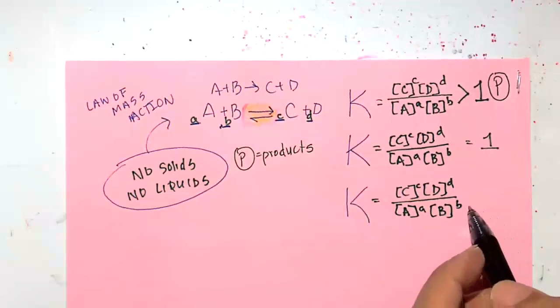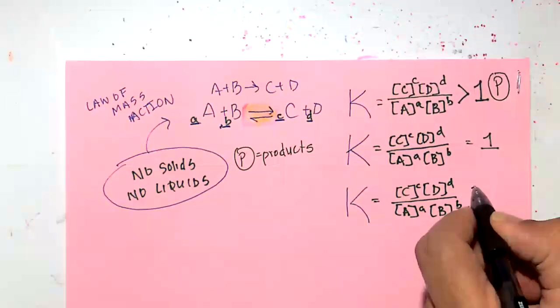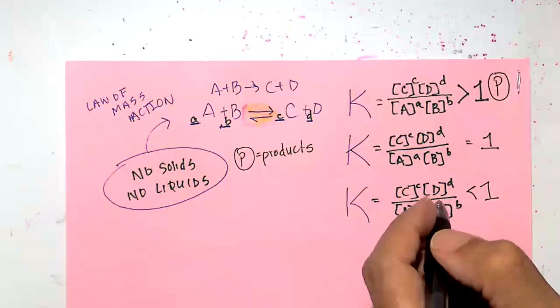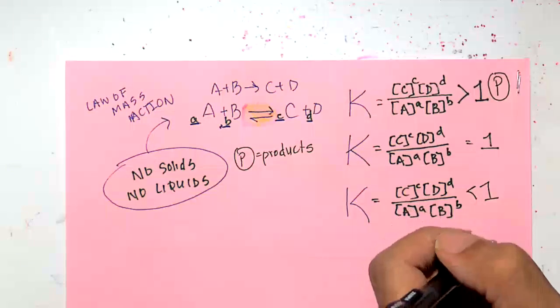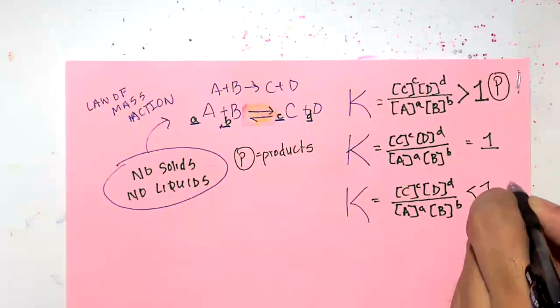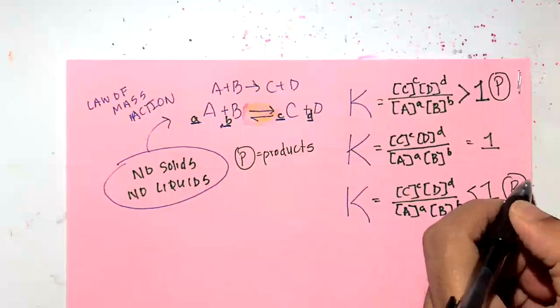If the equilibrium constant is less than 1, meaning 1 is greater than the equilibrium constant, which is products over reactants, what will we have more of? More reactants, more products, or 50-50?